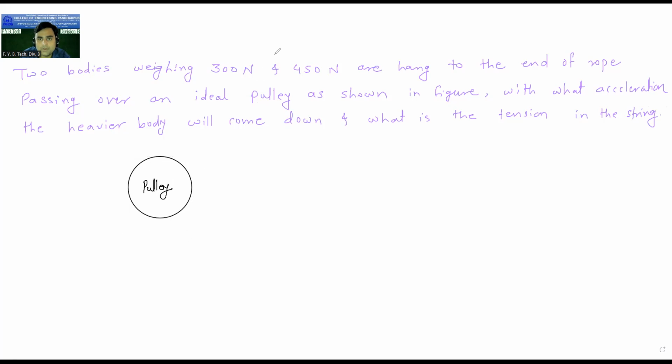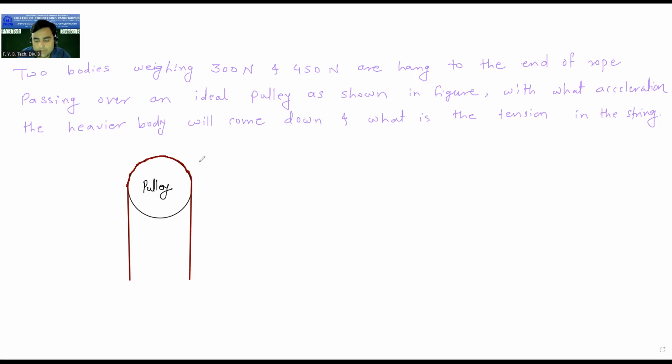Now the rope is there. The rope is passed over the pulley.